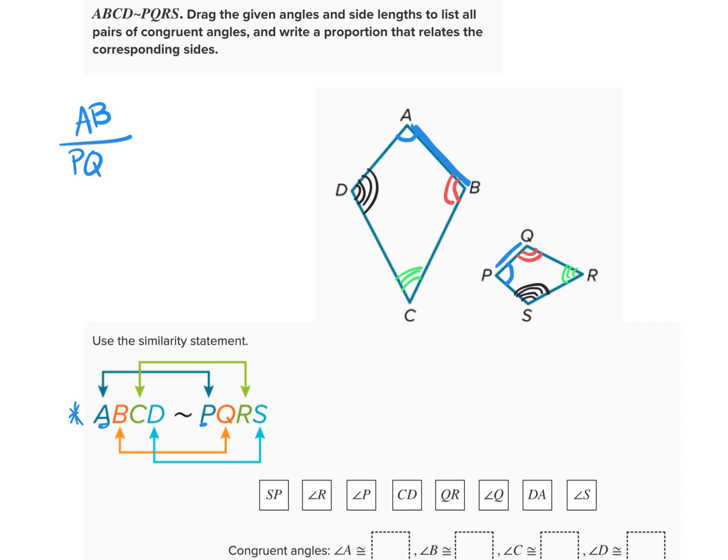Next I have BC. Okay, B is between the red and the green angle. So QR is also between the red and the green angle. So BC corresponds to QR.